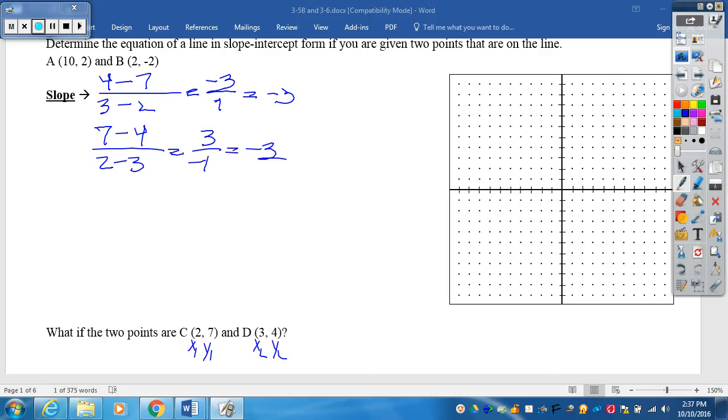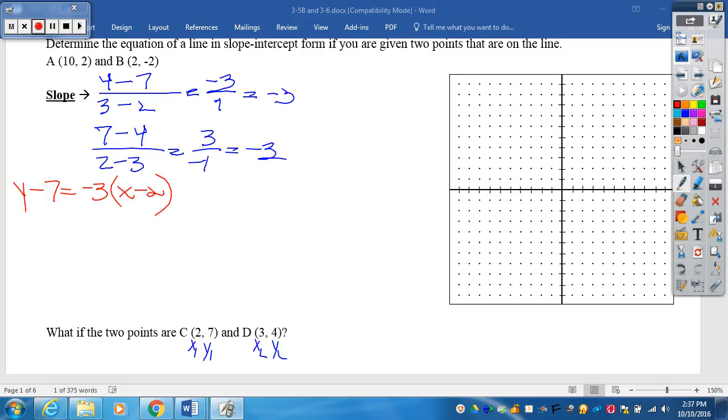Now, what you should have done from there is use that slope with one of these 2 points. What I'm going to do here, I'll do both equations. If you only did one, you can check it to make sure you've got the same final answer there. So if I use C, it's going to look like this. Y minus 7 is equal to -3, parentheses, x minus 2.